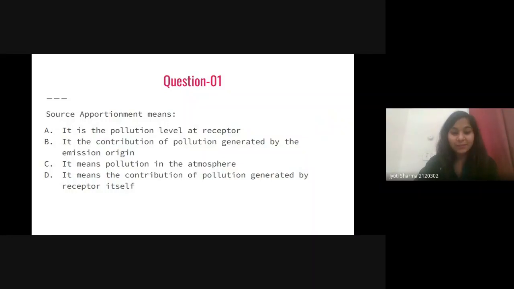Like there is a difference between emission origin and the receptor. So what should be the answer? I will explain it obviously. Either it should be from the emission origin or from the receptor itself.